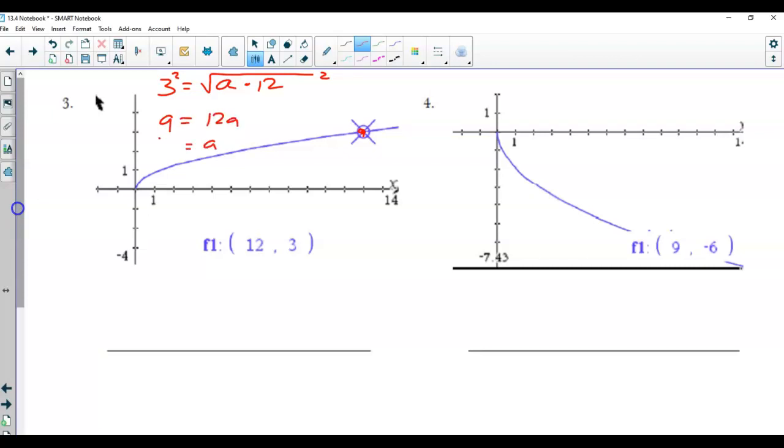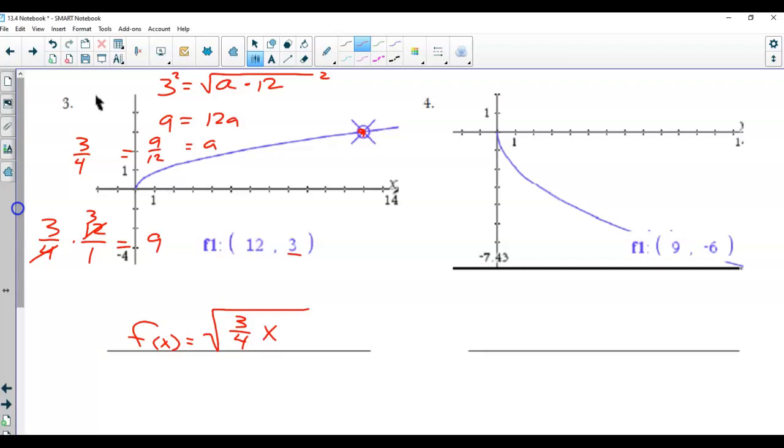That means a has to equal 9 over 12, which would be 3 over 4, wouldn't it? So f of x has to equal the square root of 3/4 times x. If I put a 12 in for x, 3/4 times 12 over 1 reduces to a 3. That gives me my 9 underneath there to get my output of 3.